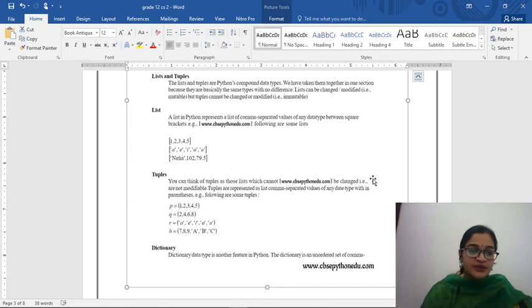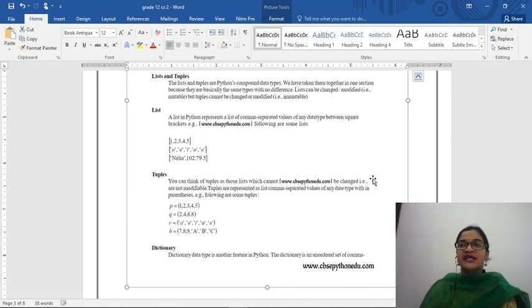And opposite to that is the tuple. Tuples are represented again like a list: comma separated values of any data type within parentheses, nothing but round brackets, right? The major difference between both is that a list can be modified but a tuple cannot be modified.